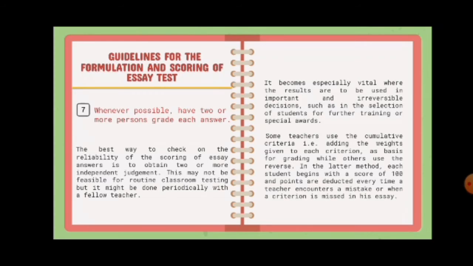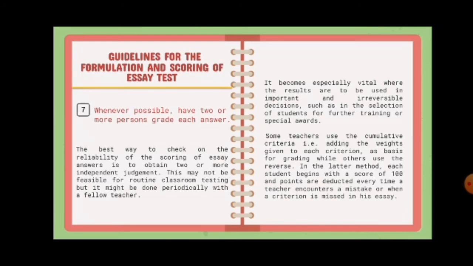It becomes essentially vital where results are used for important and irreversible decisions, such as selection of students for further training and special awards. Some teachers use cumulative criteria, adding the weights given to each criterion or basis for grading, while others use the reverse.